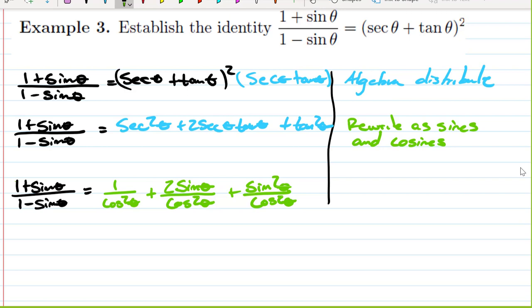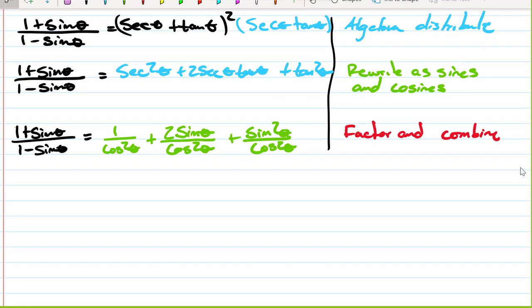So now, on the right-hand side, they all have a common denominator of cosine squared theta, so let's go ahead and factor and combine. In the numerator, we have something of the form 1 plus 2x plus x squared.